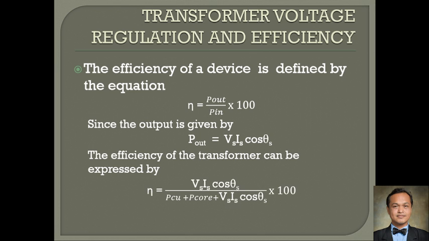So efficiency now becomes the voltage and the current at the secondary times the cosine theta s, or the angle between the voltage and the current at the secondary, divided by PCU, the copper loss power, plus the core loss power, plus P out, which is the voltage and the current at the secondary side times the cosine of the angle at the secondary side, times 100, so that we can get the percent efficiency of the transformer.